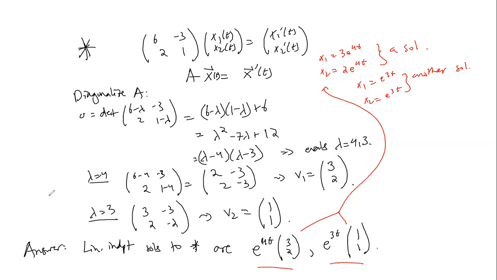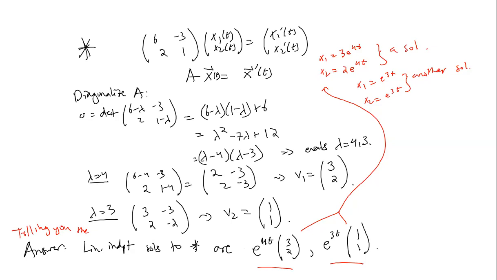I haven't really derived why this works, except that you can just plug it in and it'll work, right? If I just plug this in, you'll find that it's a solution. But basically, I'm just telling you the answer. The answer is just you find eigenvectors and eigenvalues and you form these as solutions.